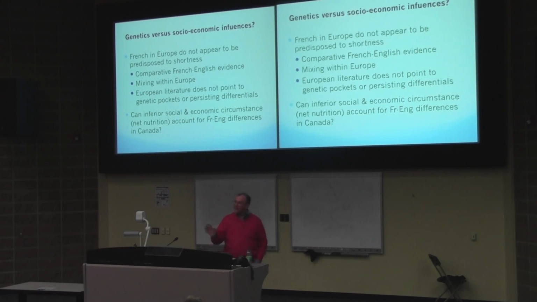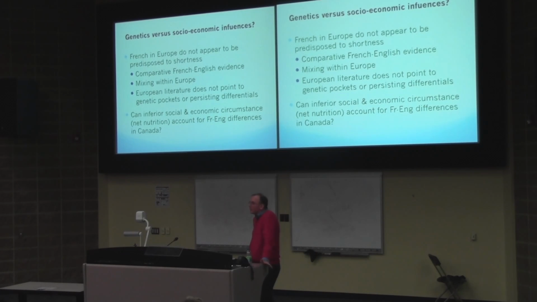Analytically, the problem is we've got too many different explanations here. This is a kind of complicated problem. If you look at the French in Europe, and that's why I pointed out in that first slide, the French are not notably short in Europe.